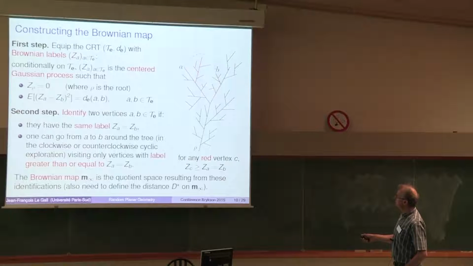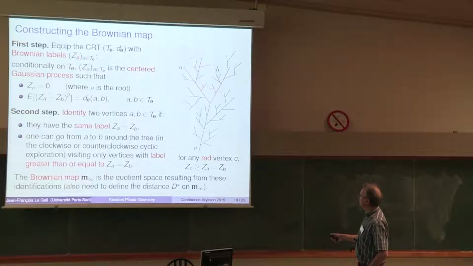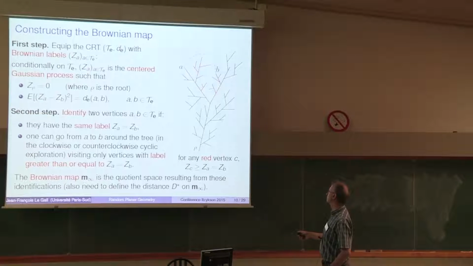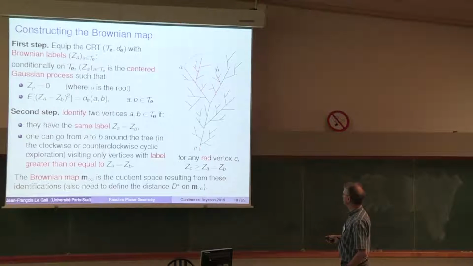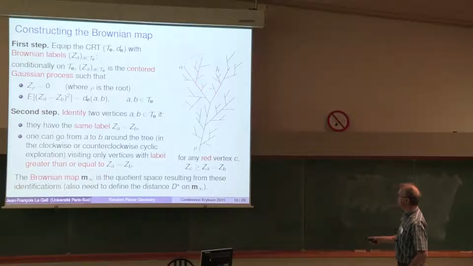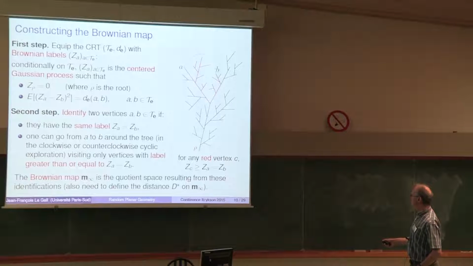Okay? And essentially, your labels are, well, you can view them as Brownian motion, linear Brownian motion indexed by the tree. Okay? Meaning that it's a centered Gaussian process. At the root, the value will be 0.